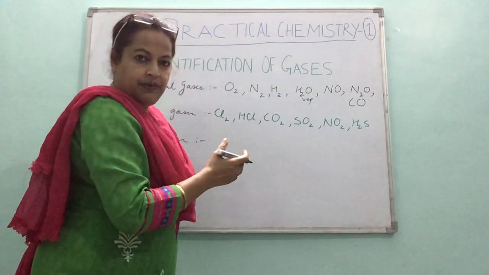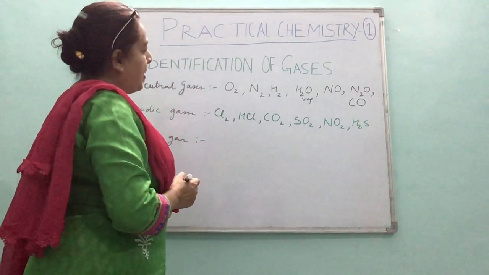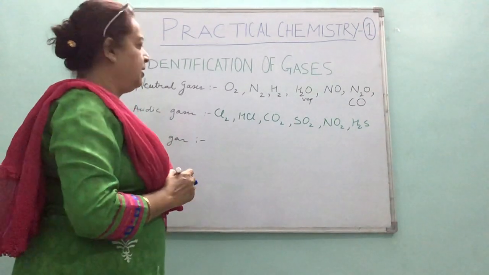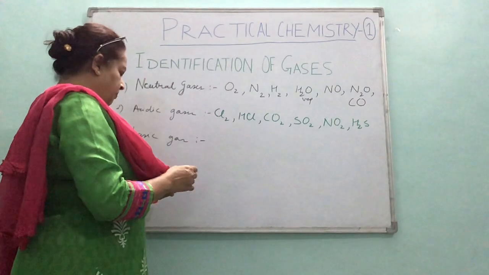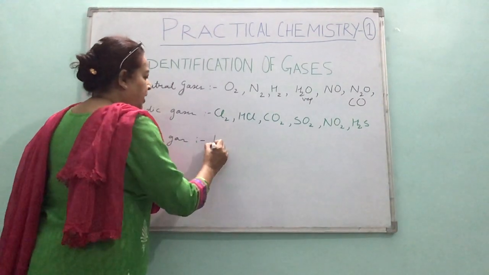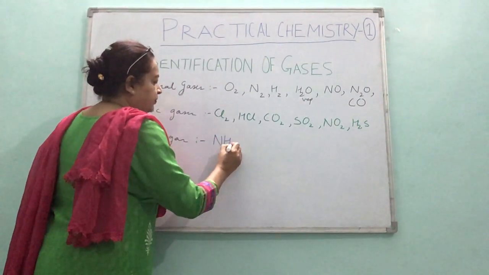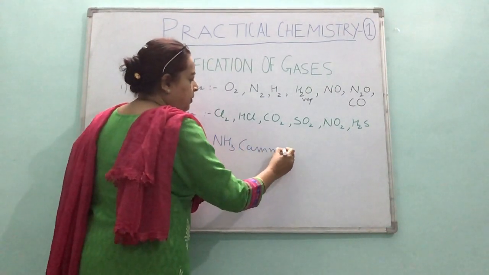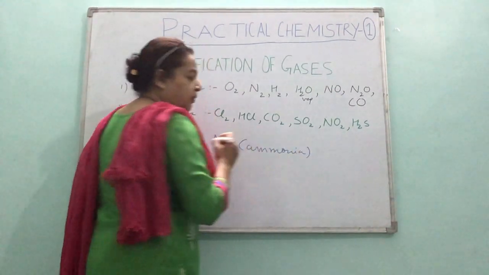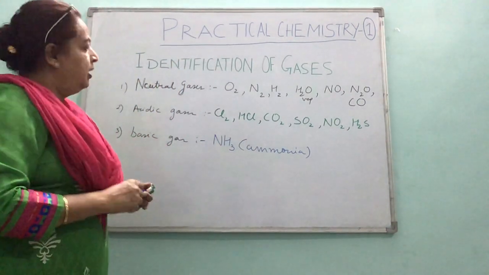These are some of the acidic gases. Bromine is not a gas. Right. And for basic gas, NH3. Ammonia, not ammonium, just ammonia, right?